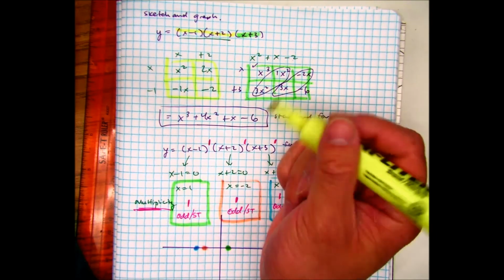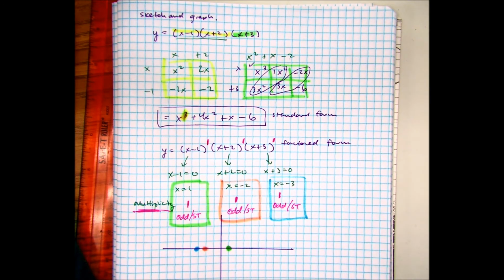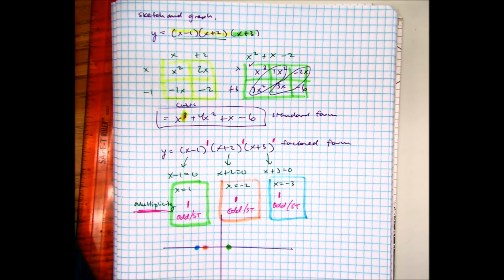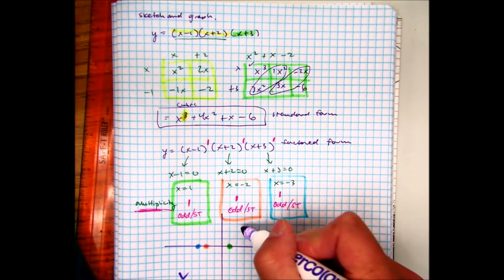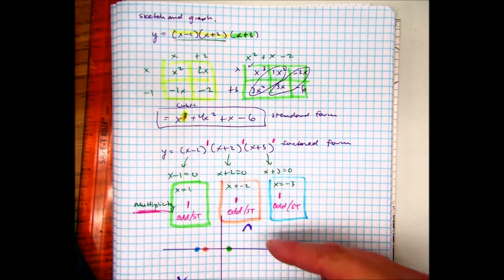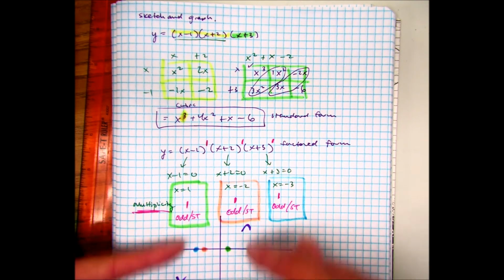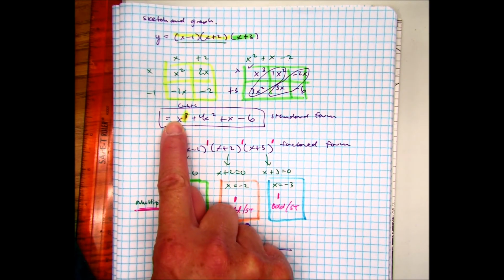What function family? It's cubic, because the highest degree is 3. Cubics start where? They start down. And how do they finish? Up. Yesterday we learned that if the a value is negative, these will flip across the x-axis. Should I switch it, class? No, we do not, because this is positive, there's no negative.